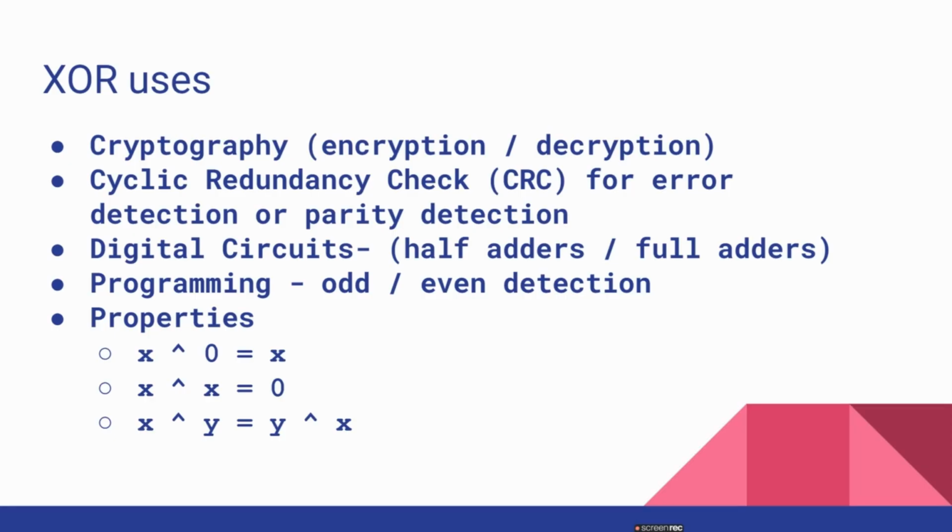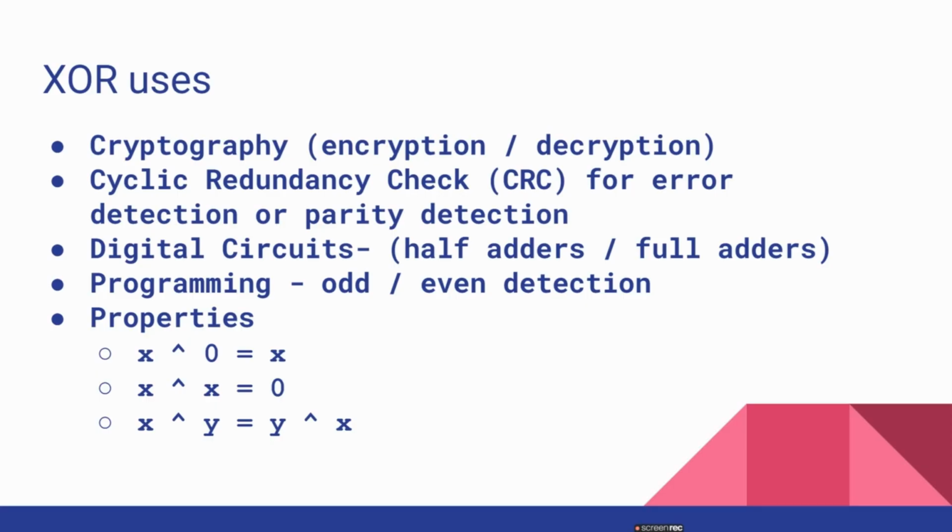They're also used for CRCs, which are known as cyclic redundancy checks, for error detection and or parity detection. Usually these are for when you're transmitting data across some sort of medium. You want to make sure that no data is lost.